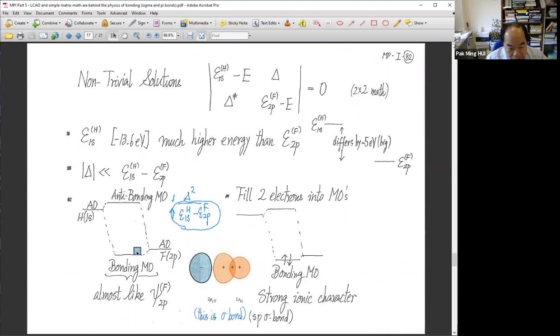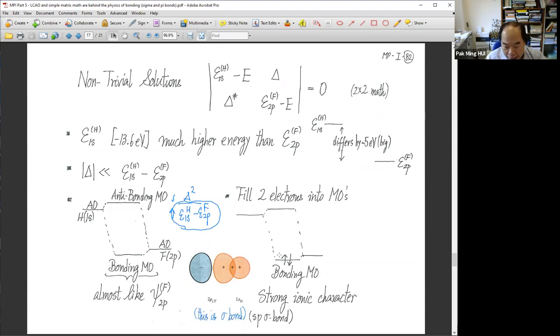Okay, so you see, indeed, it will form a bonding MO and an anti-bonding MO. Okay, and the picture is that I have a ball added to an 8. It will form a funny peanut, and that is actually a sigma bond. We rotate it, okay? It's still symmetric for all angles of rotation.